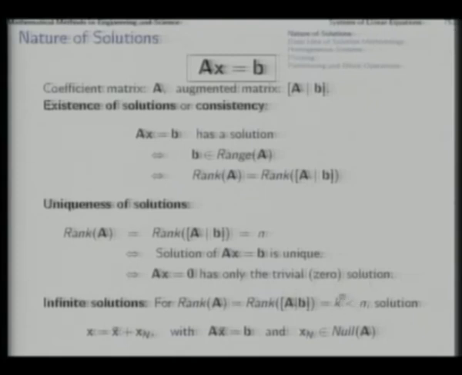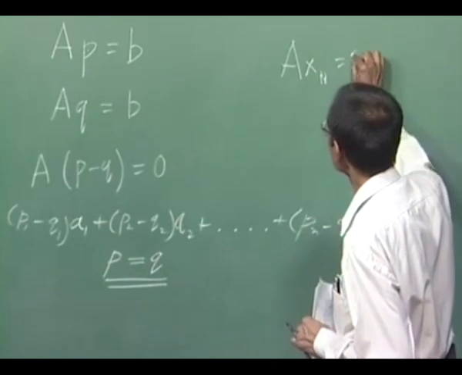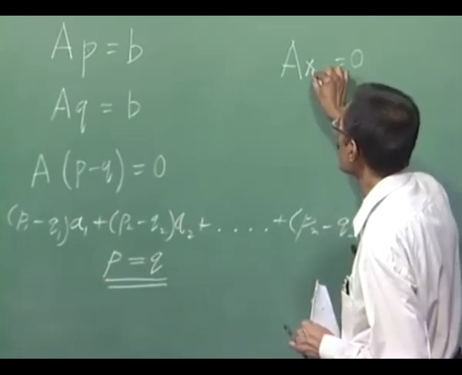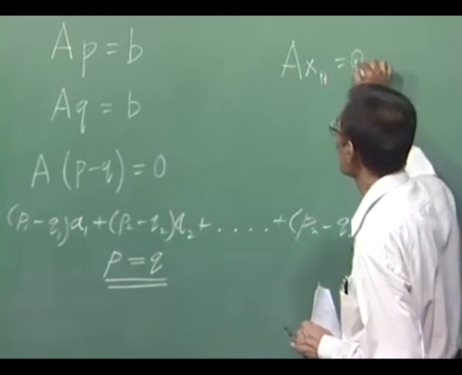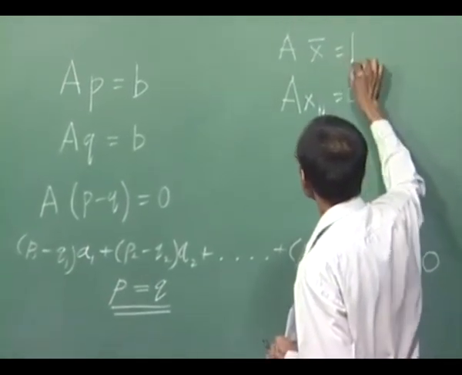In that case, if x bar is one solution and x n is a member of the null space, which means A x n is 0. That is, if x n is a member of the null space, then x n gets mapped to 0 and x bar is some solution of the original system given.